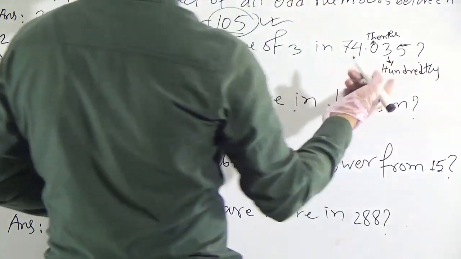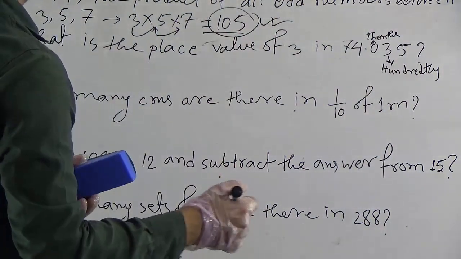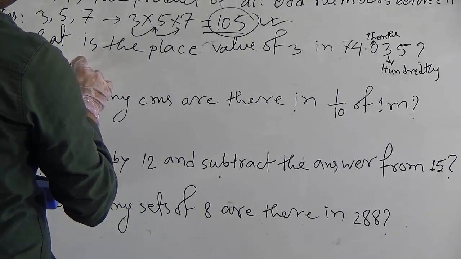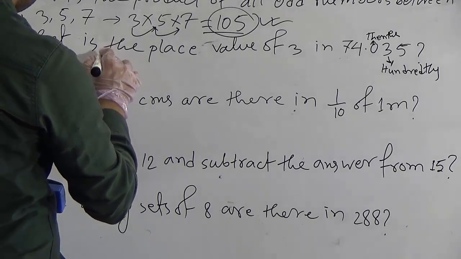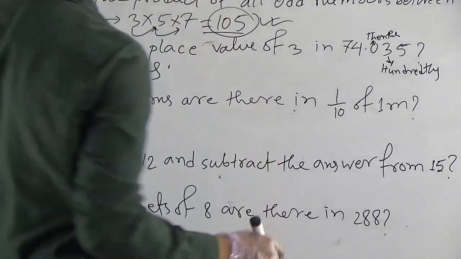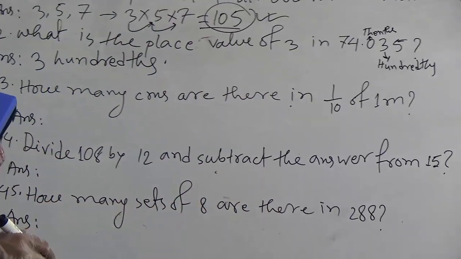So we can say the place value of 3 is hundredths.